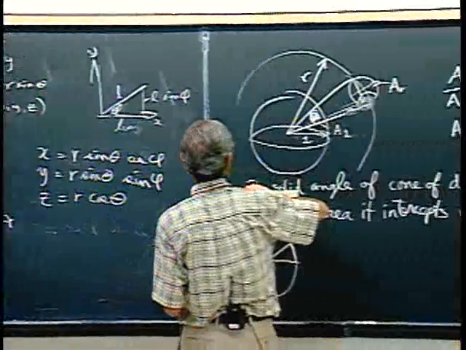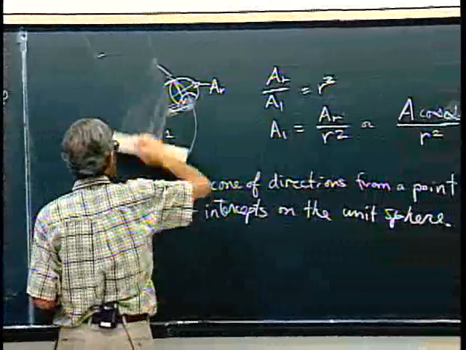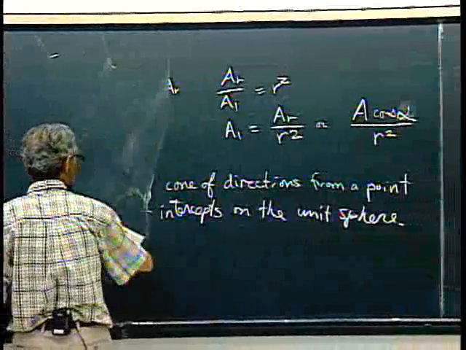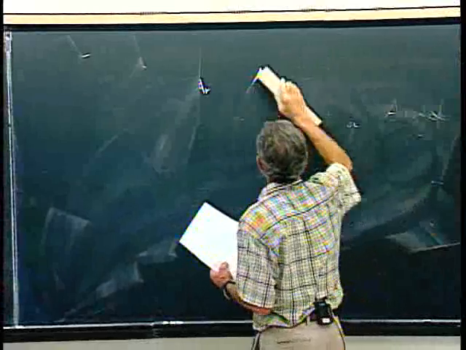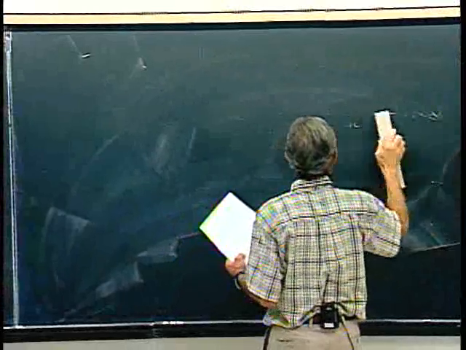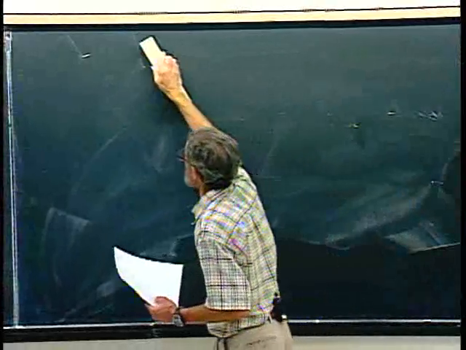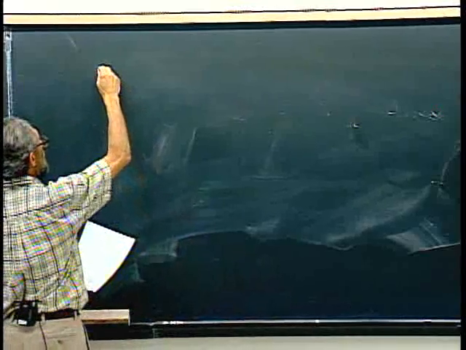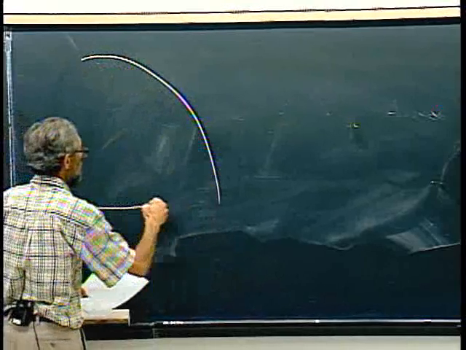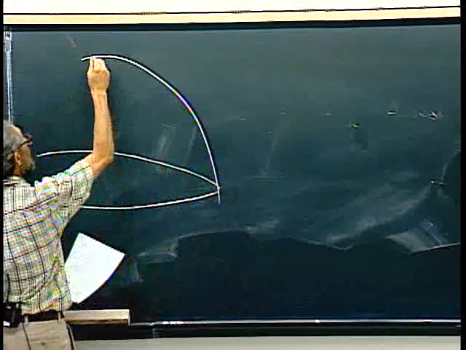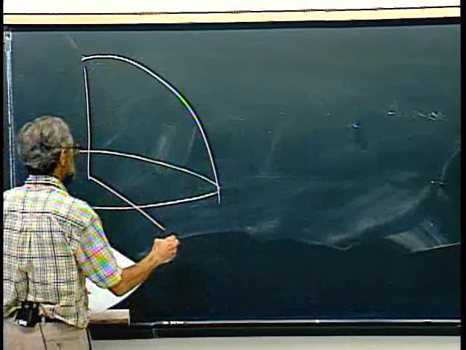So now let's see. My picture is a little bit complicated, so let me draw it again here so I only have a little piece of this area. What I want to see is what is the area if I let theta vary by d theta and phi vary by d phi. So how can I do that? Let me draw sort of a magnified view of a part of this sphere here. Here is the North Pole. Here is the x-axis.